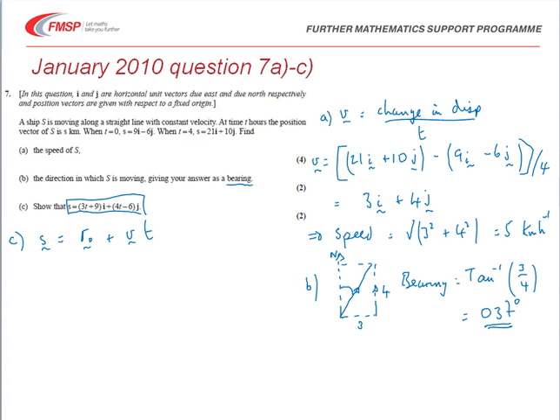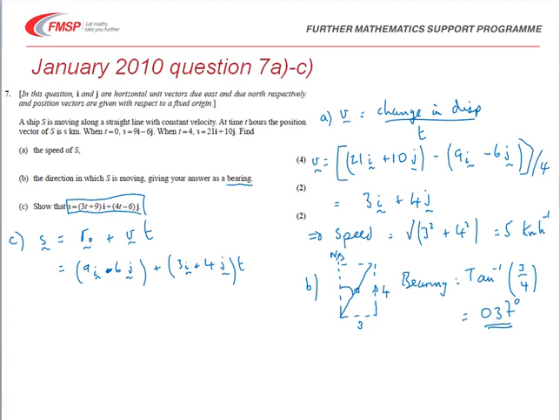So this is simply a matter of taking the initial position, which was 9i minus 6j, and adding to that the velocity, which we know is 3i plus 4j, multiplied by time.